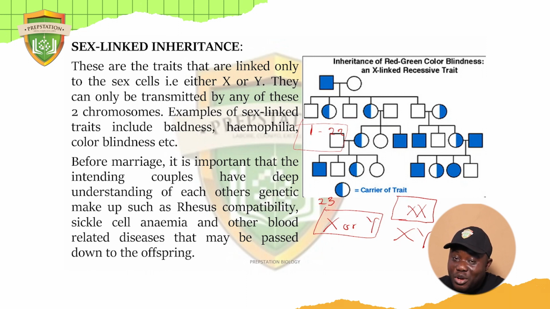So for a woman to give birth to a boy, it means that the Y is extraordinarily strong for it to be able to overcome the X chromosome.